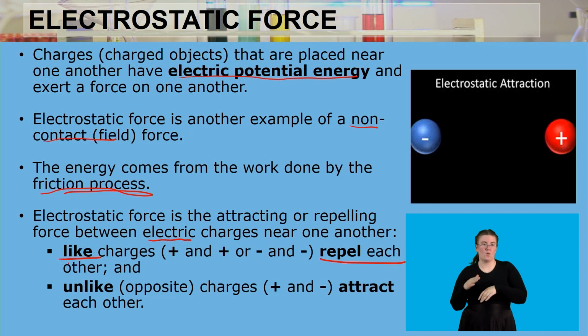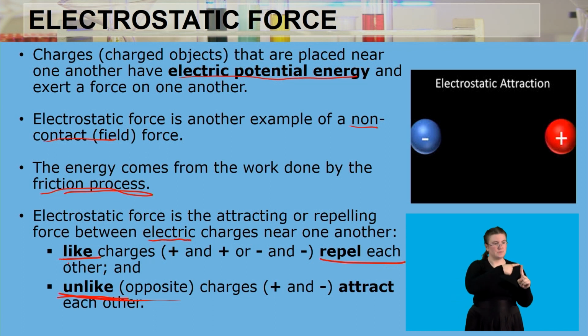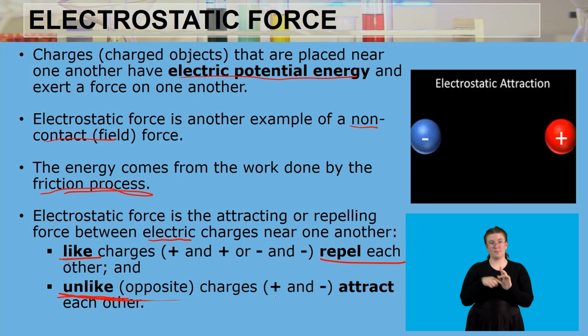That is a positive and a positive, or a negative and a negative. However, when looking at two oppositely charged atoms, where one of them has more protons than electrons and the other has more electrons than protons, those two atoms are going to be attracting each other. Opposite charges, like a plus and a minus, are going to attract each other.